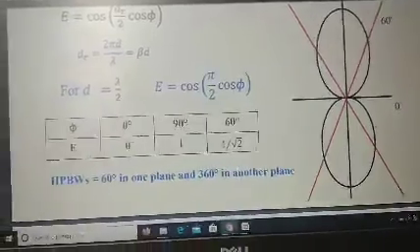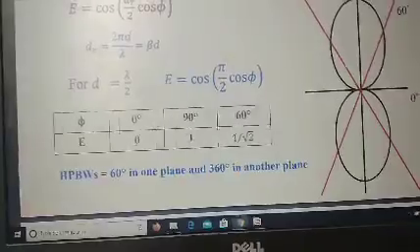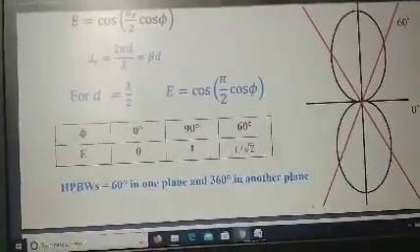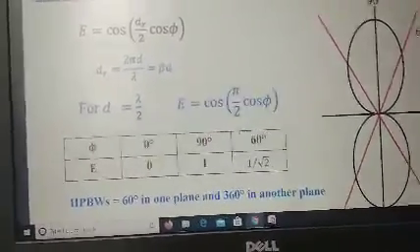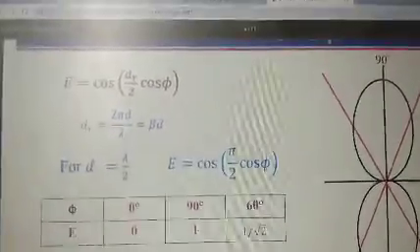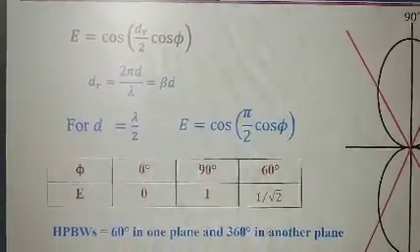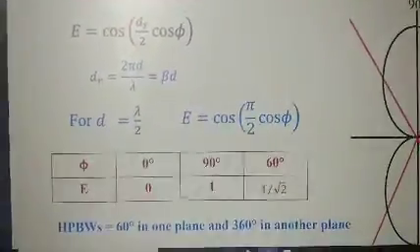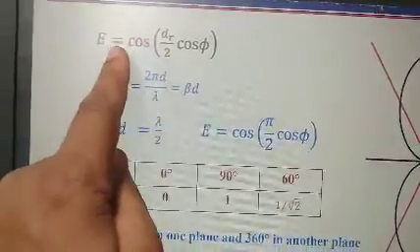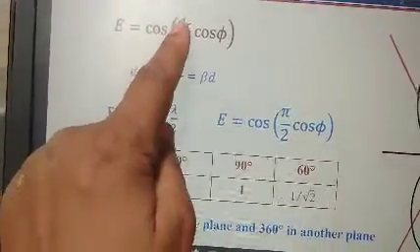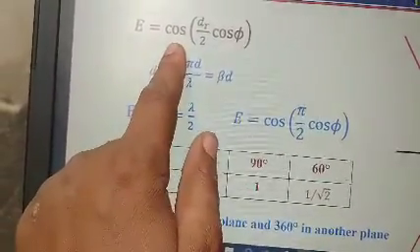Then we will discuss it further. The final expression, after normalizing the equation, is E equal to cos of psi by 2, where psi is equal to beta d cos phi, beta d is 2 pi d by lambda, and d is equal to lambda by 2. Basically the equation is 2E0 cos of psi by 2, but after normalizing, 2E0 is equal to 1.